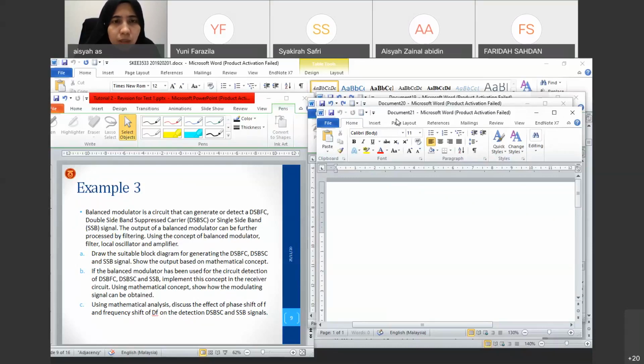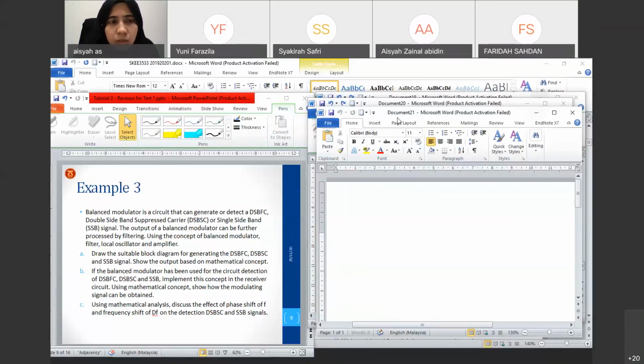Using the concept of balanced modulator, filter, local oscillator and amplifier, draw the suitable block diagram for generating the DSBFC, DSBSC and SSBSC. Show the output based on mathematical concept. Okay, these are questions related to generation of amplitude modulation.